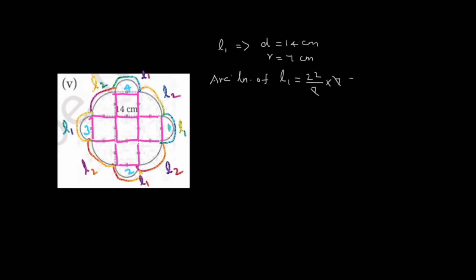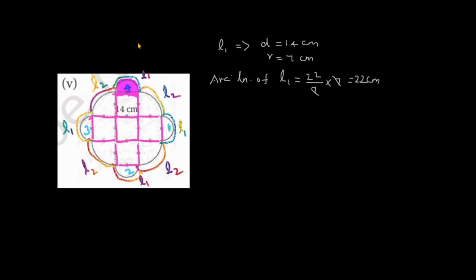So cancelling, 22 centimeter for one L1, one arc length. See this portion. For this arc length, the diameter 14, half of 14 is 7. Like this, we are having 4 times.